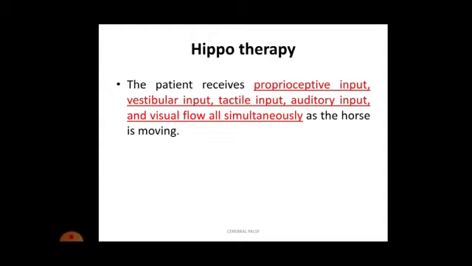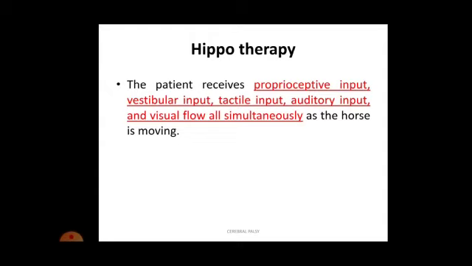Then vestibular input, so as the horse is moving, your head is also moving in relation to environment, and there will be some movement of the head in relation to your remaining part of the body, clear. So definitely the head movement in relation to your remaining part of the body as well as in relation to environment will stimulate your vestibular system.